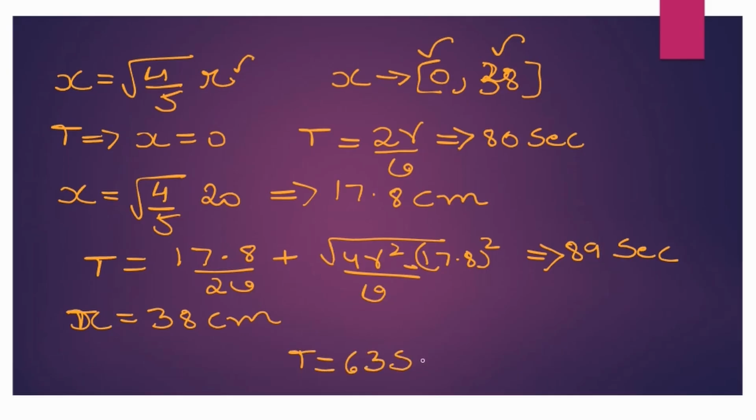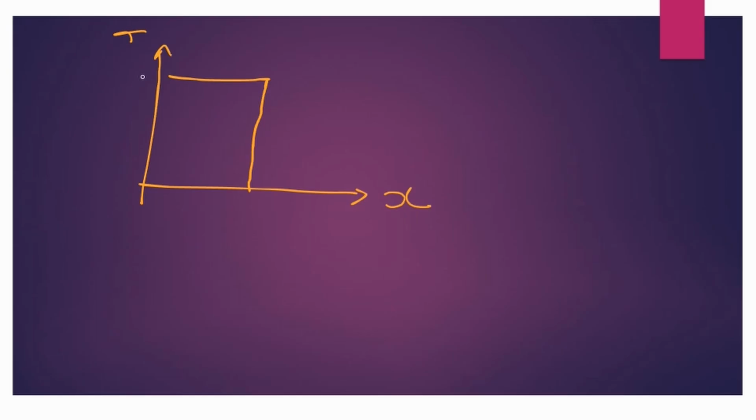So what did you get? If I wanted to draw this condition as a graph, let's draw the graphical condition so that you will get the ability to draw and analyze graphs also. Let's say it as t and x. So when did we get maxima? It is at x is equal to 17.8. So what is 38 by 2? It's 19. So in the middle, some portion over here, you got the maximum value. That maximum value is 89.